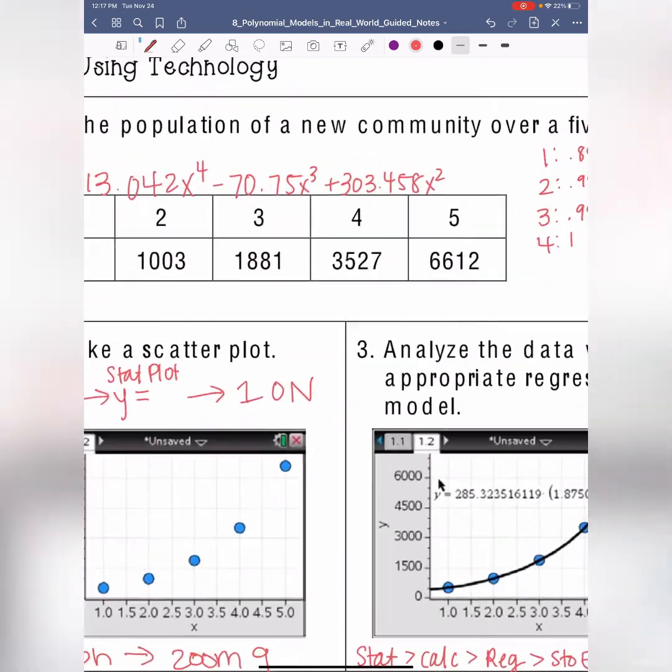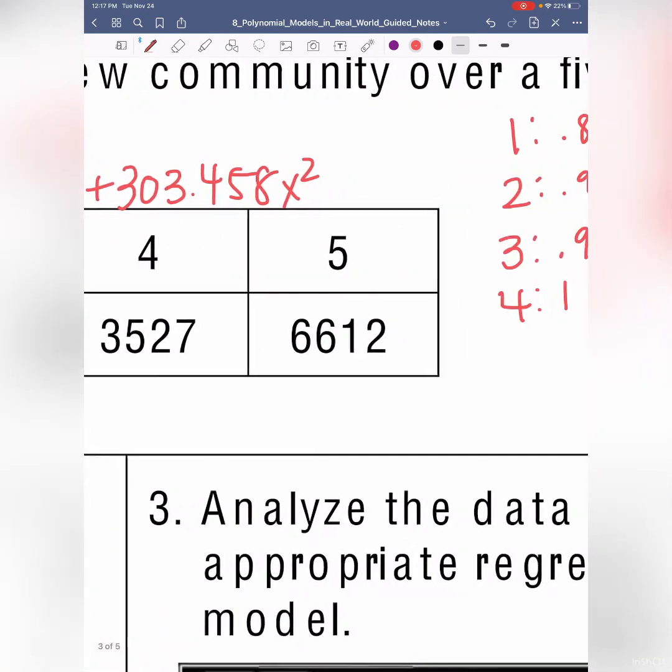And then we're going to get, let's zoom in here so I can make more room, minus 142.75x plus 432.